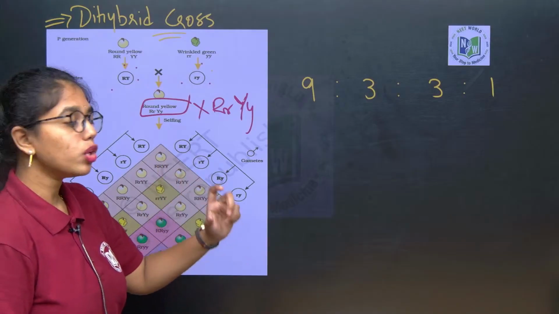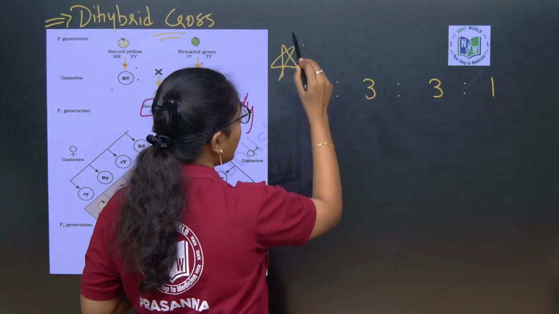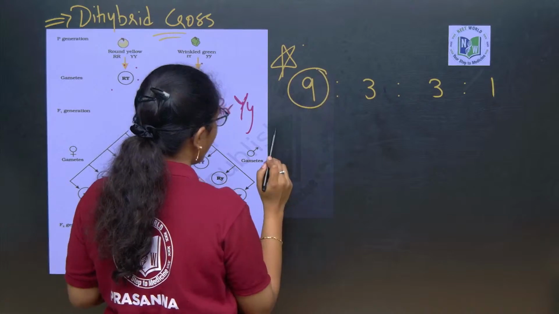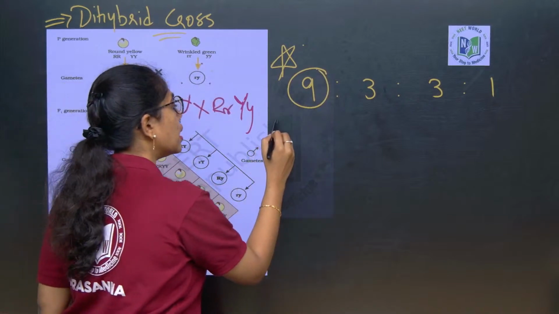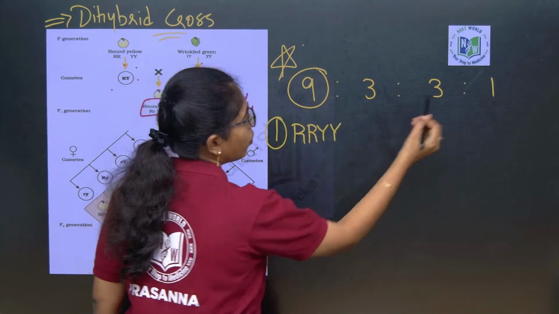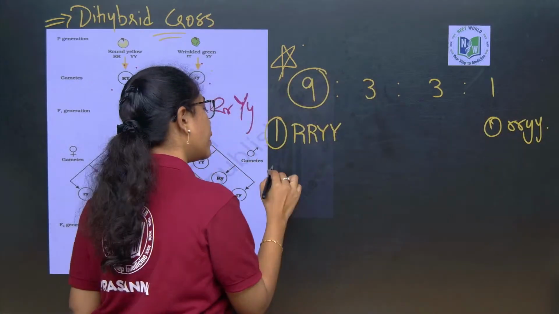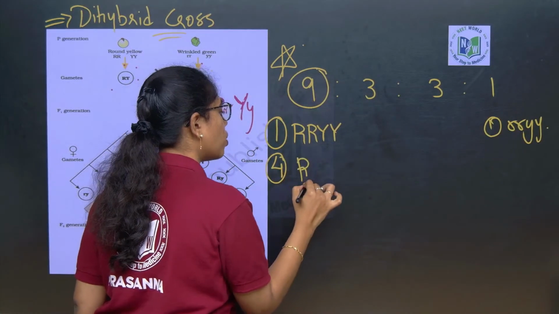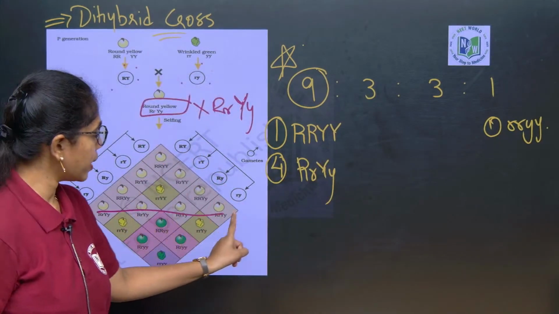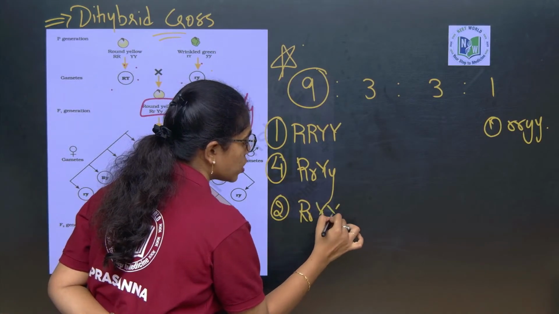I will give you a small shortcut where you can easily solve the numericals over here, beta. Concentrate more here, wherein out of 9 dominant, one is homozygous dominant and rest 4 are heterozygous dominant, and 2 are with one heterozygous and one homozygous condition.